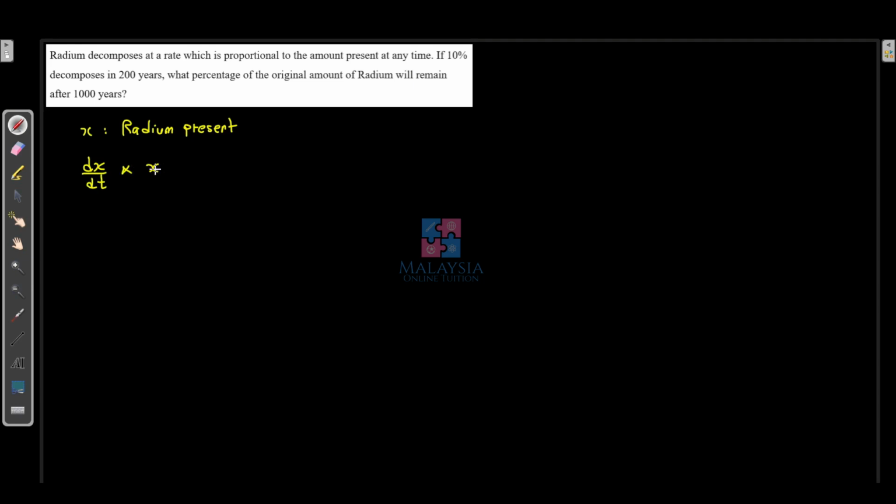So we can say x. And as usual, when we change this proportionality sign into an equal sign, we have kx. And then as usual, you bring the x to the left-hand side and dt to the right-hand side.